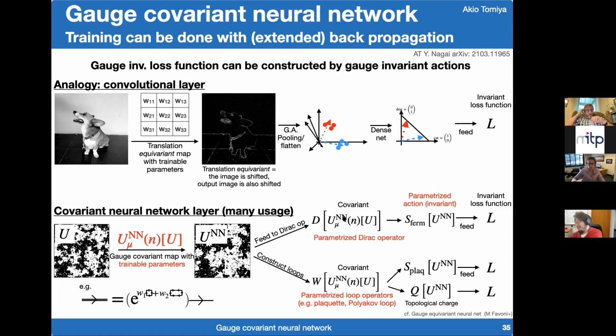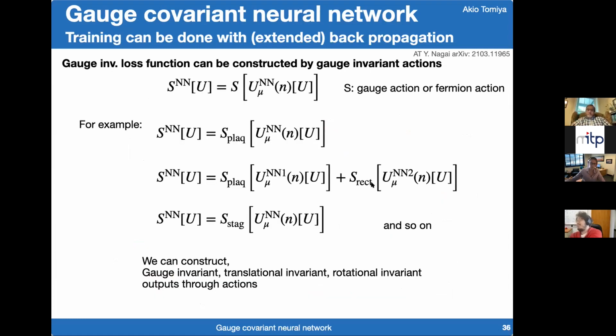Then we get some parameterized Dirac operator or parameterized loop operator. This is just a part of the neural network, and then this is repeated. So we can use this neural network to parameterize the action, such as the plaquette gauge action and plaquette action plus rectangular, and of course we can use two different neural networks here and here.